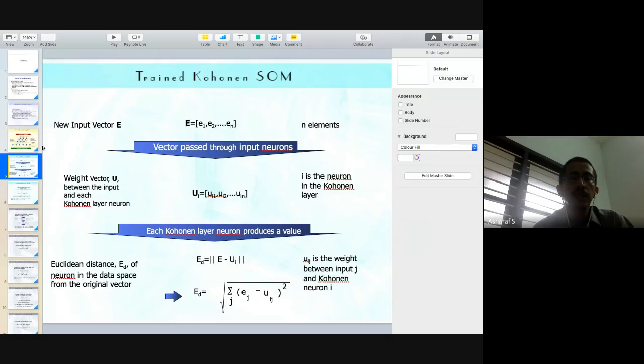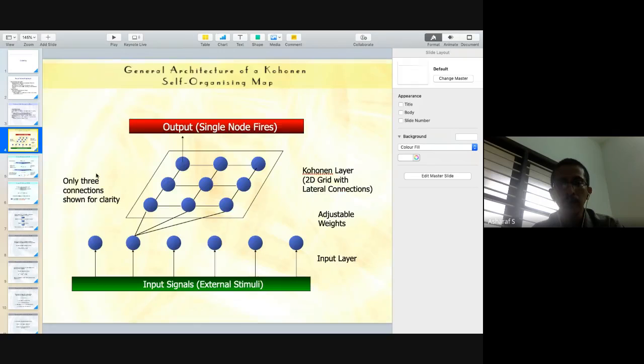So this is your new input vector. Your input is presented through the input neurons. Let's label the input vector as E, having n dimensions, E1 to En. This is your input vector with n elements. All right. And for each of the neurons in this layer, if there are, how many connections will be here?